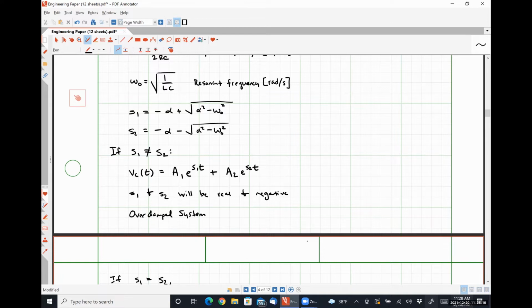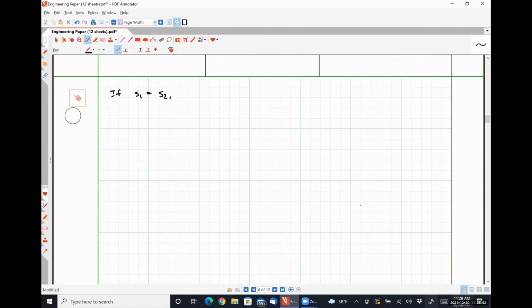So what are the constraints that would make S1 and S2 equal to each other? If your root becomes 0. Right, so if alpha and omega naught are equal, the square root bit here is 0, and so we have S1 is negative alpha and S2 is also negative alpha, right? So for S1 to equal S2, that means that alpha has to be exactly equal to omega naught.